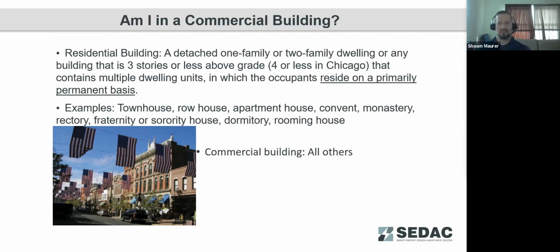So this would exclude hotels and motels, but would include townhouses, row houses, apartments, single-family homes, monasteries, and other such facilities where people stay on a semi-permanent basis. If it's not a residential building, then it's a commercial building. So if it doesn't fall in one of those examples or under that definition for residential building, then you have a commercial building site.